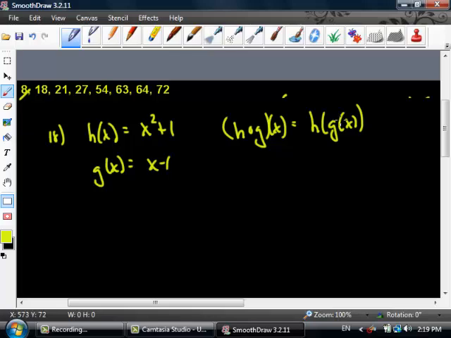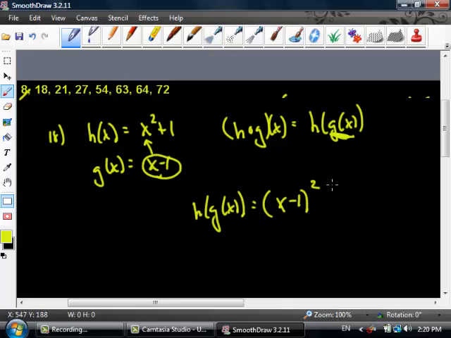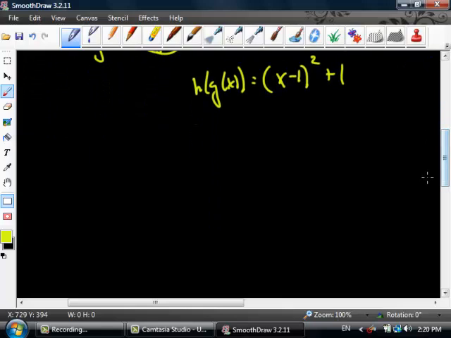I find that this notation gives me a clearer indication of what's on the inside. In this case, g of x is on the inside, which means we're going to take this value and pump it into here. So I've got h of g of x, and that's going to equal x minus 1 squared plus 1. Raise your hands if you are not okay with what just happened.